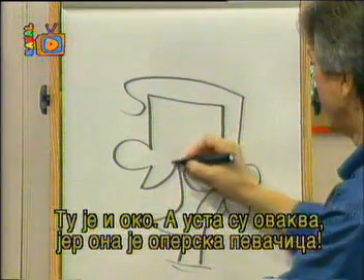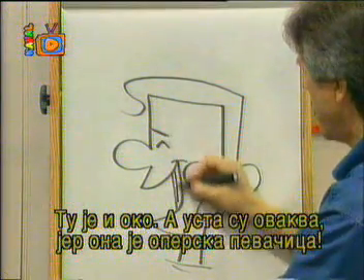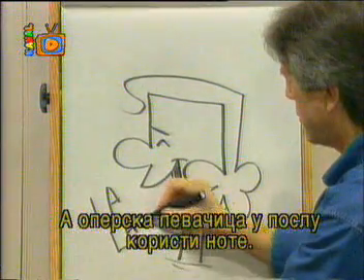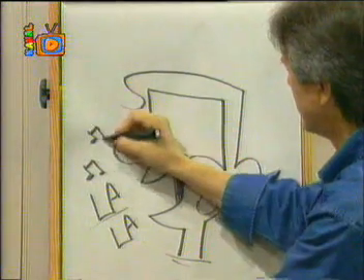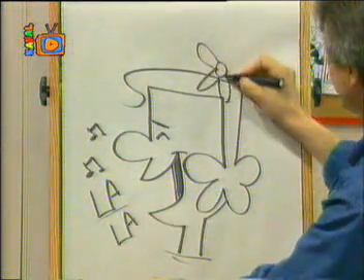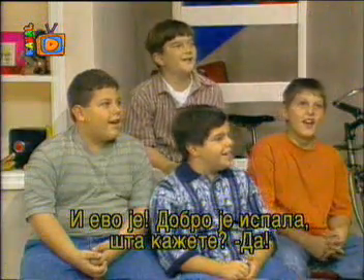And let's see, an eye and an eyebrow up. Now this is going to be in the mouth because she's an opera singer. La, la, la, la, an opera singer uses notes. And there, let's put a flower in her hair. And there you have it. Pretty cool, huh? Yeah. All right.